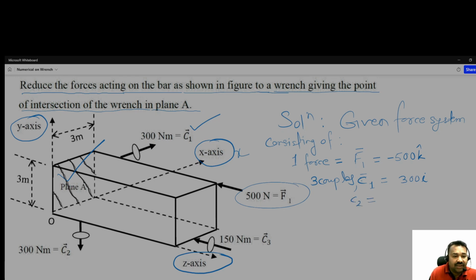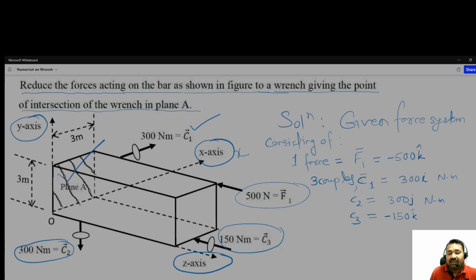C2 is again 300 Newton meter, and it is parallel to the y-axis, that's why the J component here. What about C3? Here it is C3, and it is parallel to the z-axis with a negative sign, minus 150 K.